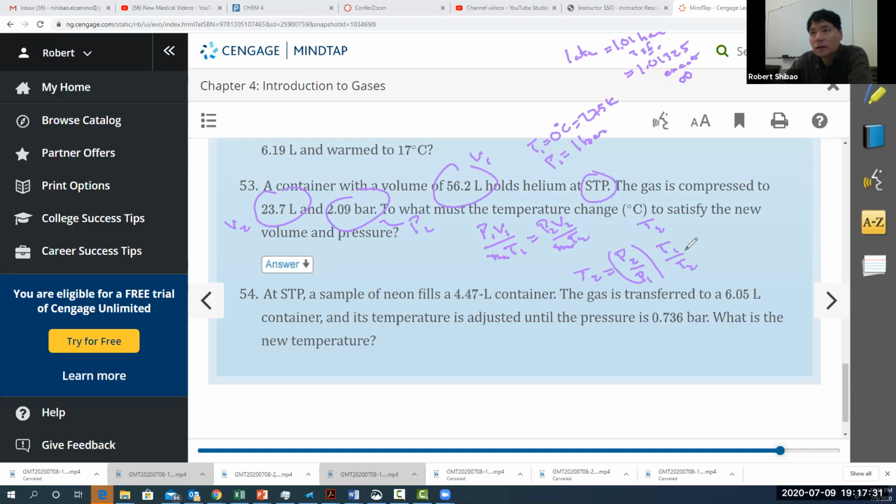Let's make sure I got the fractions correct. Times T1. If the pressure increases, the temperature increases. That makes sense. Oh, well, this should be volume, sorry. I made a mistake.